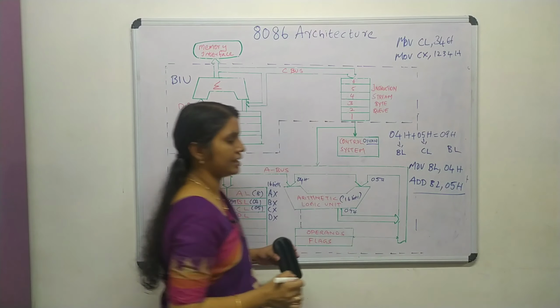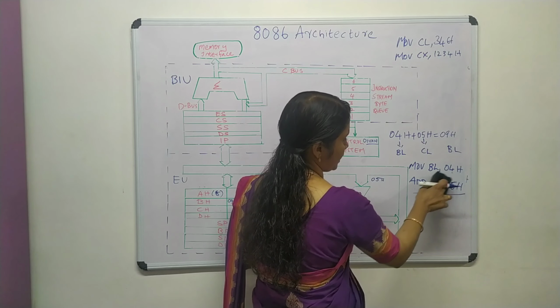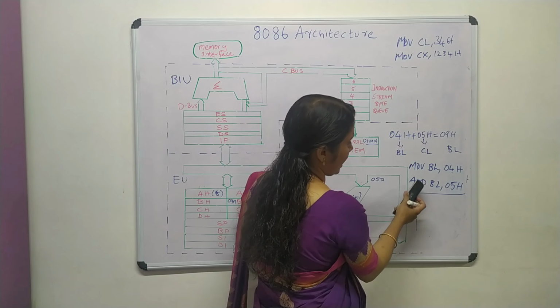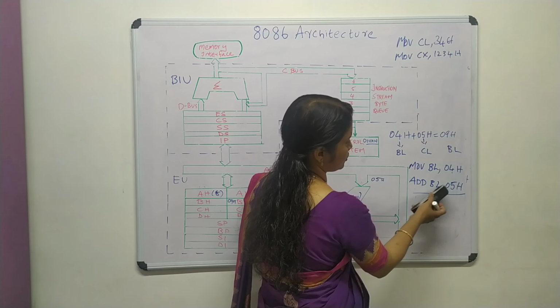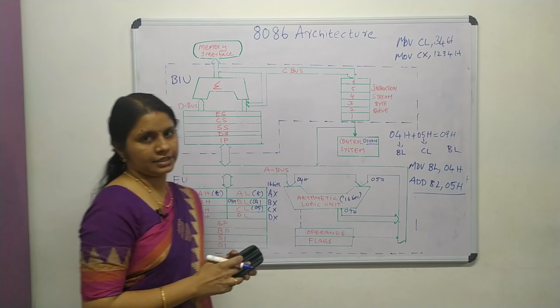This is also correct, right? BL will have 04H, so it is add 04H comma 05H.